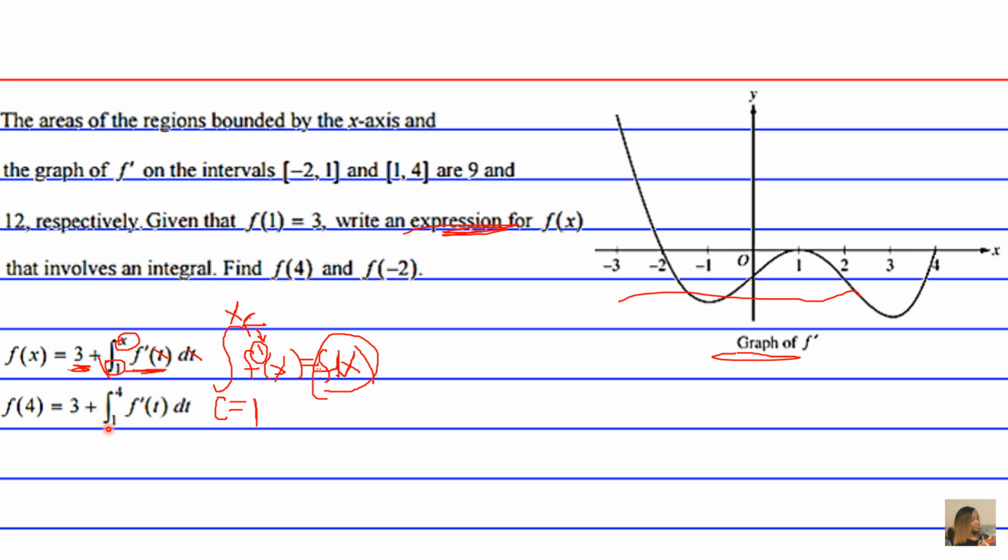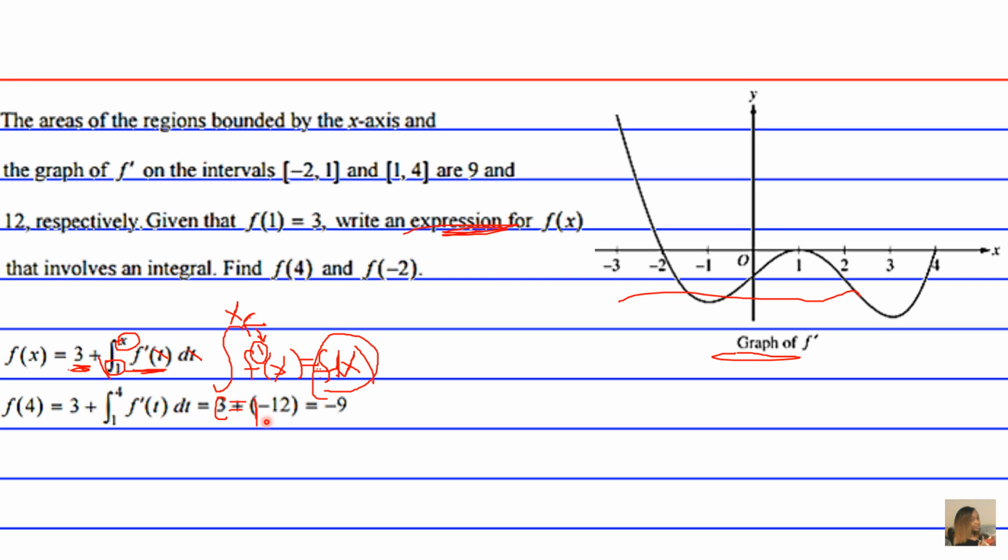We got our answer for f of 1, so now we have to find the answer up to 4. And so from 1 to 4 is going to be the integral of f prime of x dx. Ignore the t's, they should be x's. And we don't have to do any math for this because we're already told that the area under the curve, which is the same thing as the integral of f prime between 1 and 4, is 12. So we can just incorporate that into our solution.